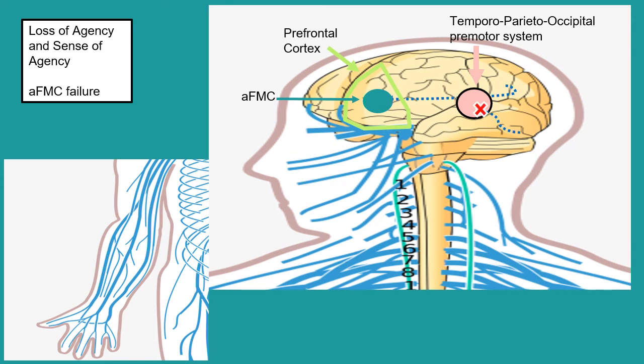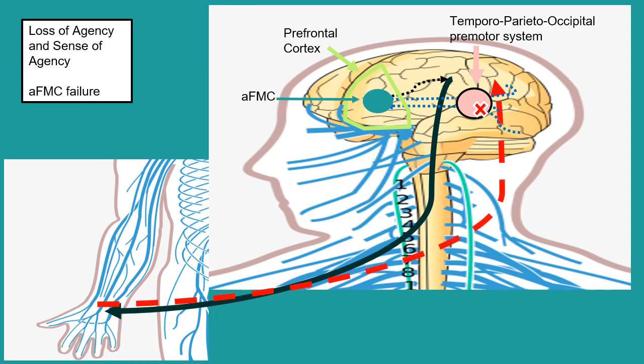While the TPO premotor cortex is still intact and inhibiting unwanted withdrawal behaviors, the AFMC damage allows exploratory behaviors to go unchecked. Also, notice that the AFMC doesn't send the efference copy as it should. So as we know now, it makes the patient feel they're not in control of their actions, which in this instance, they're actually right.